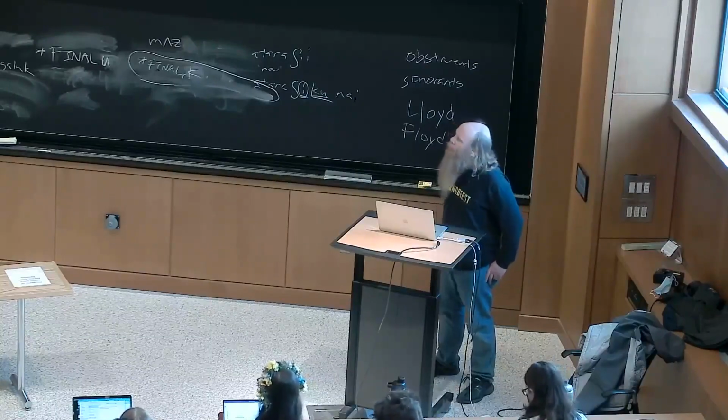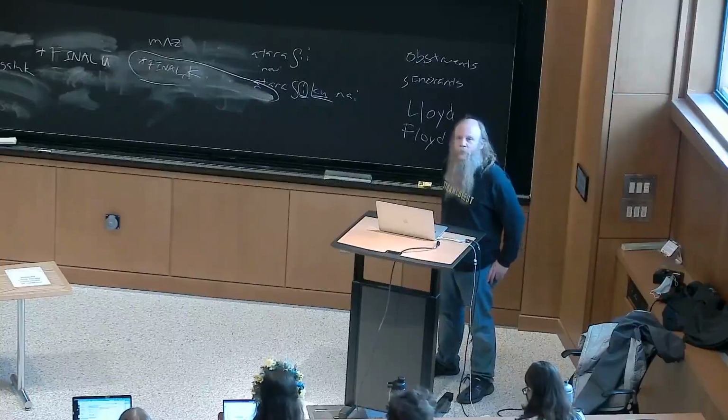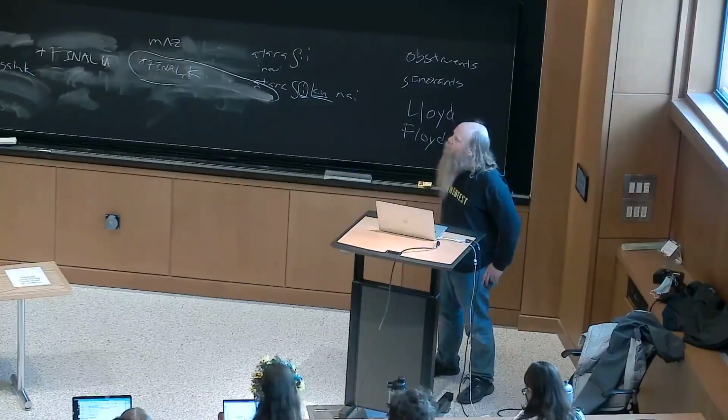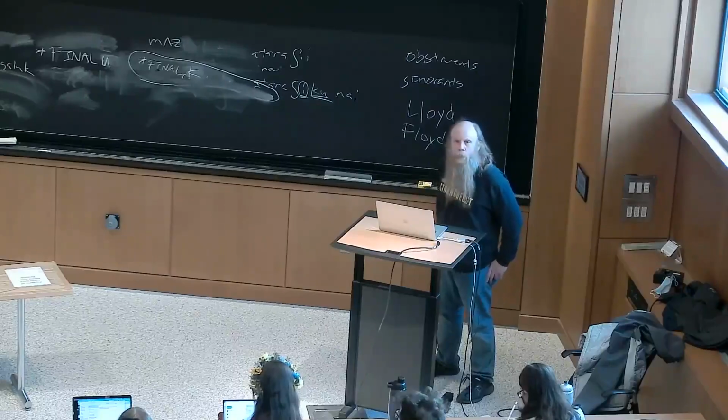As opposed to, say, bilabials, where your tongue can do whatever it feels like, or velars, which involve the back of your tongue, k or g, or uvulars, as opposed to the front of your tongue, which is what you're using for things like t and d and th and sh and j. Is the distinction clear?